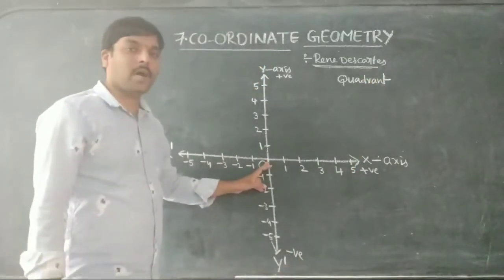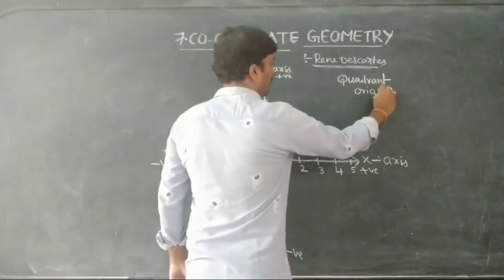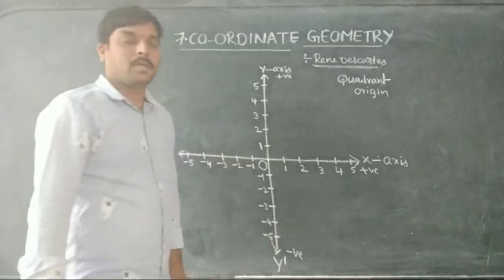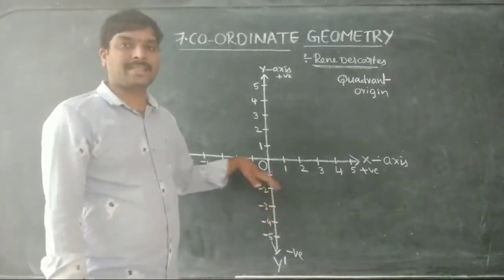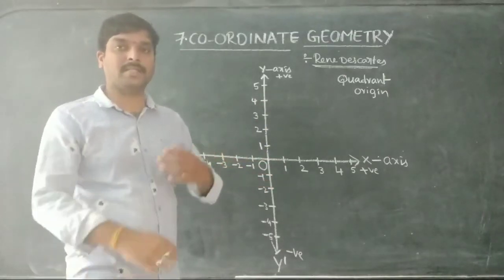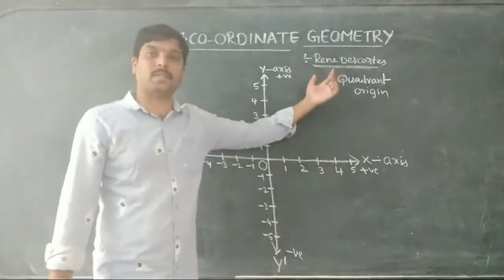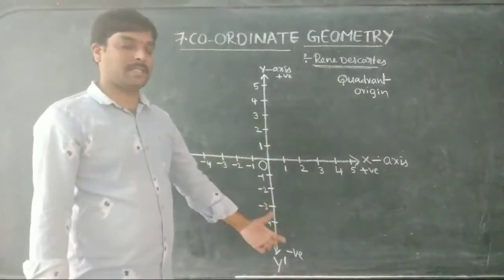Here I said it is the origin. So there are 4 quadrants. The x-axis and y-axis divide the plane into 4 equal regions, and each equal region is known as a quadrant.